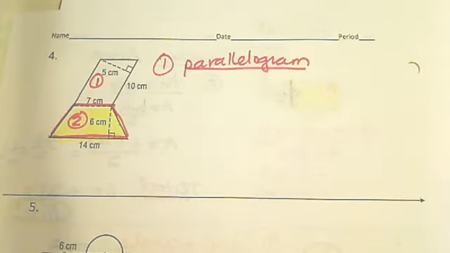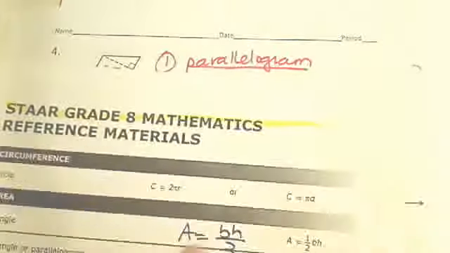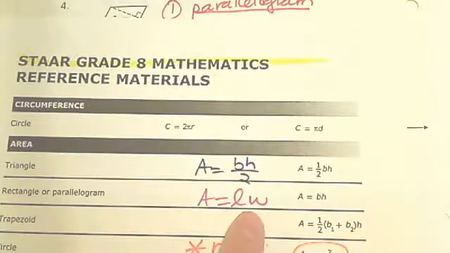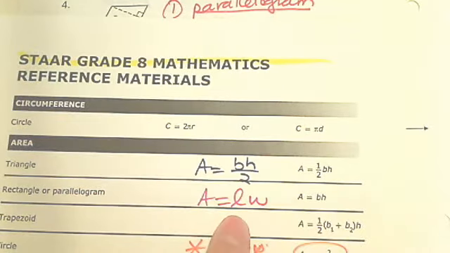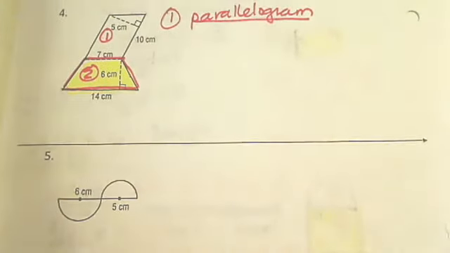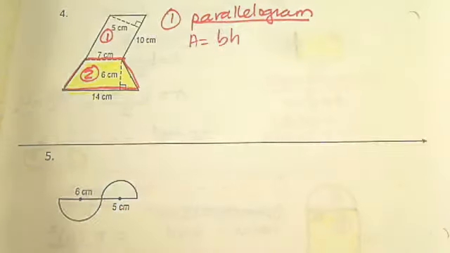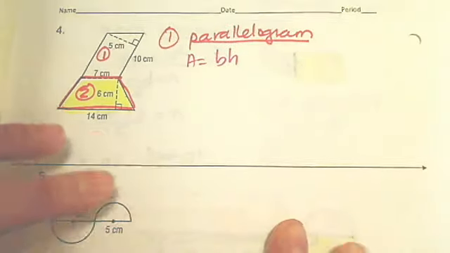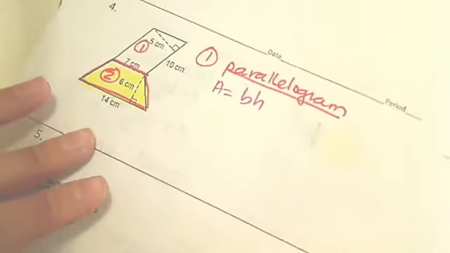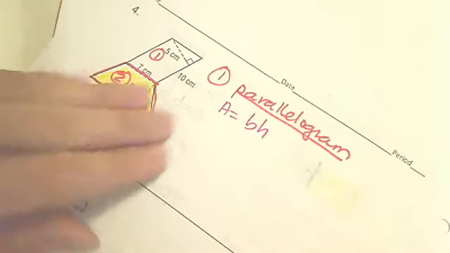Parallelogram on your formula chart. You can either use base times height or length times width. Let's use base times height in this one, so we get practice on both. Now, if I twist this around a little bit, what's the base for the parallelogram?